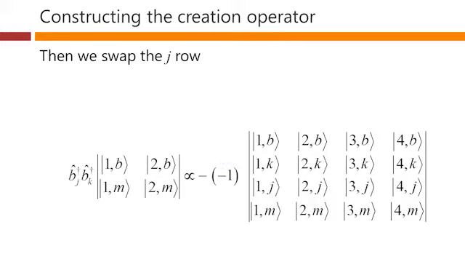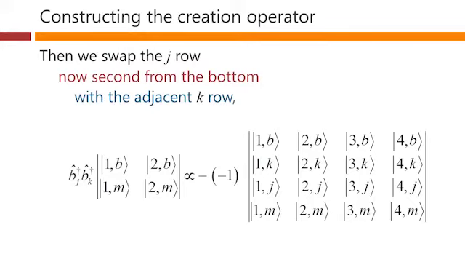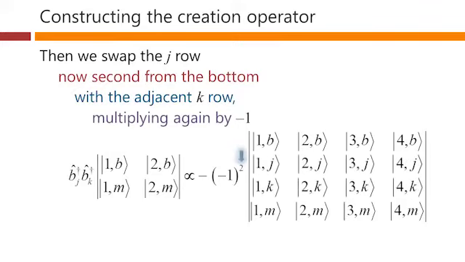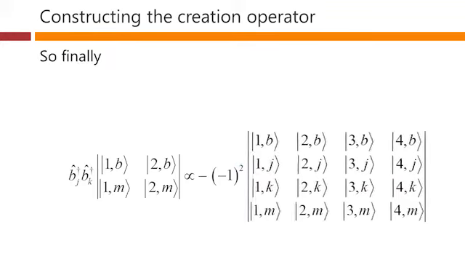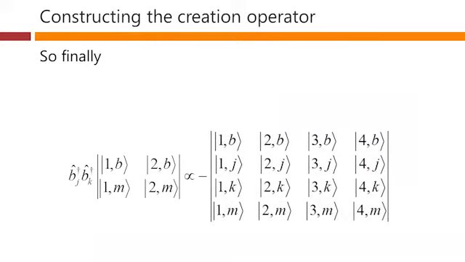Then we swap the J row, now second from the bottom, with the adjacent K row, multiplying again by -1. So finally, -1 squared was 1, so we're left with this result. The result of BK dagger then BJ dagger acting on this state gives us minus this determinant, within a normalization factor.